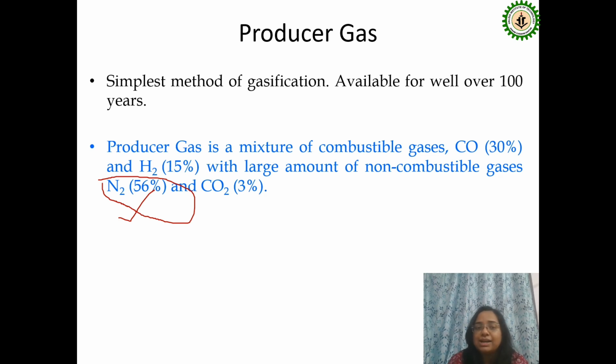Whereas in water gas, around 3% nitrogen is present, which is much lower than the 56%. That's why the calorific value of water gas is much better than producer gas.